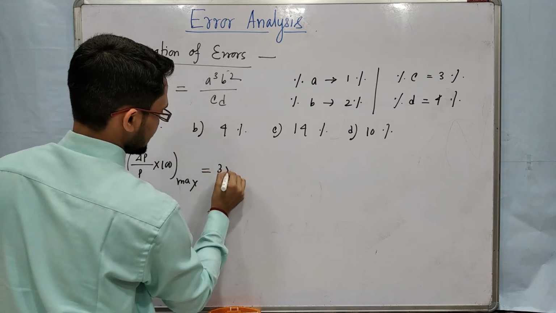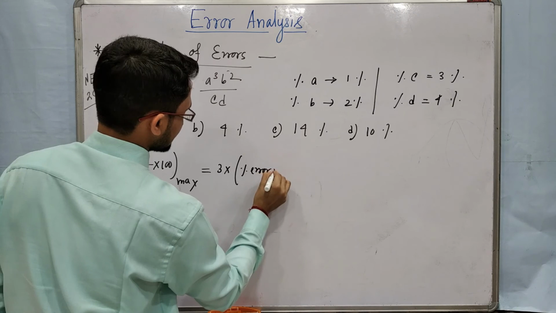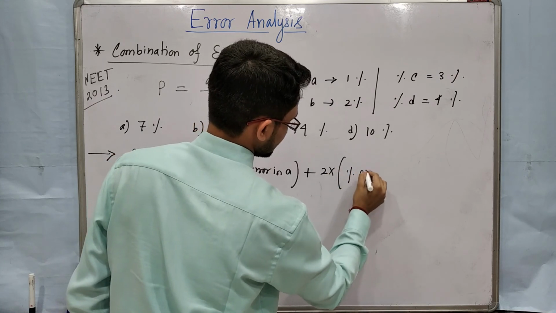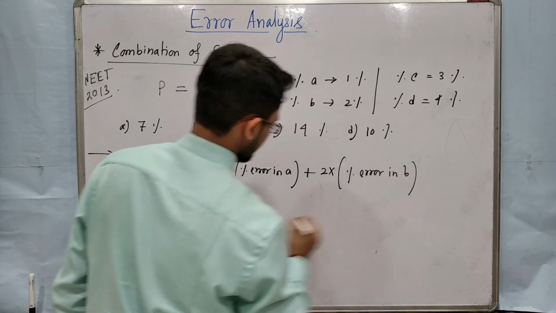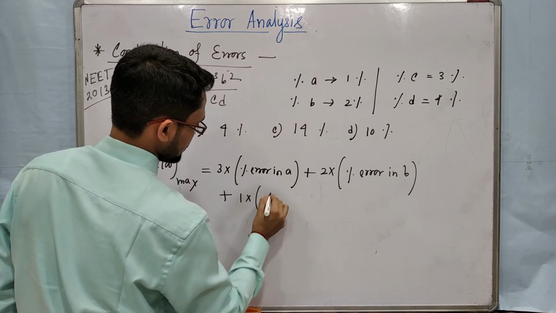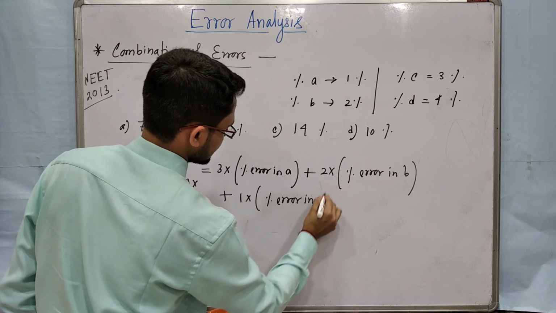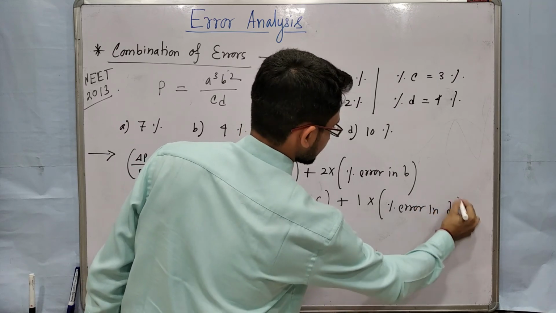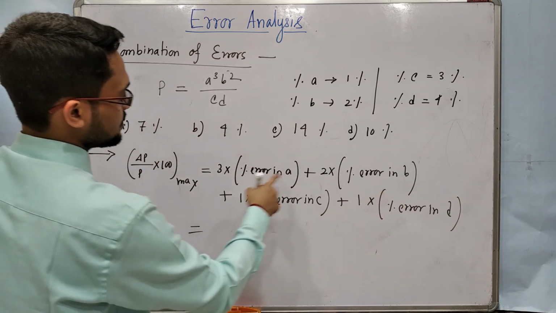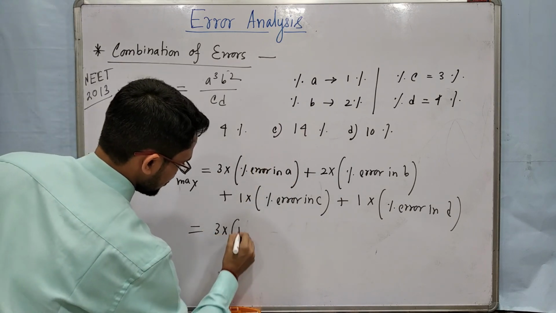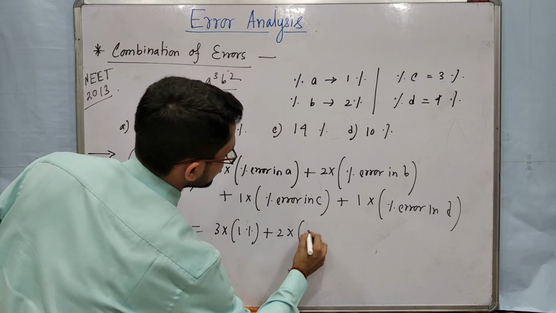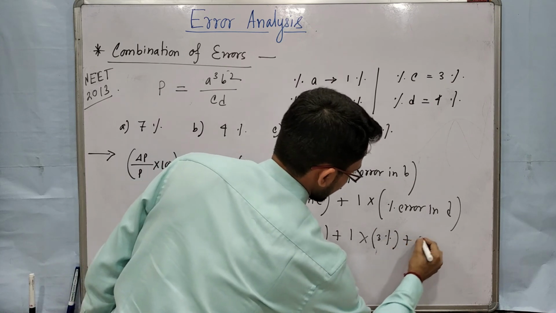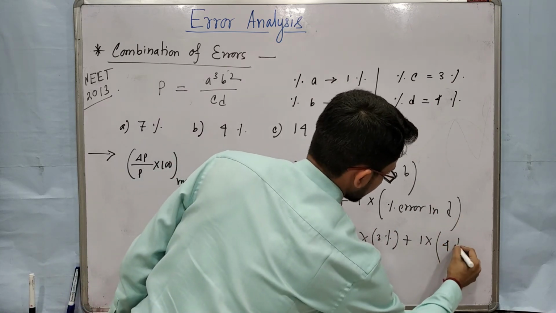Power will come out, so 3 into percentage error in A plus 2 into percentage error in B plus 1 into percentage error in C plus 1 into percentage error in D. Next, 3 into percentage error in A means 1, so 3 into 1%, then 2 into 2%, then 1 into C 3%, then at the end 1 into D means 4%.